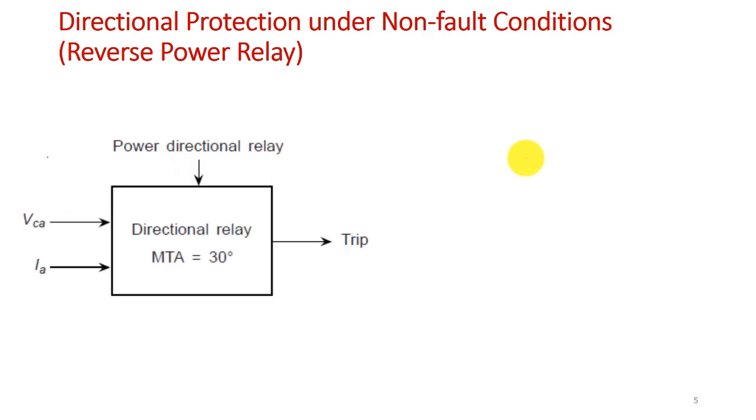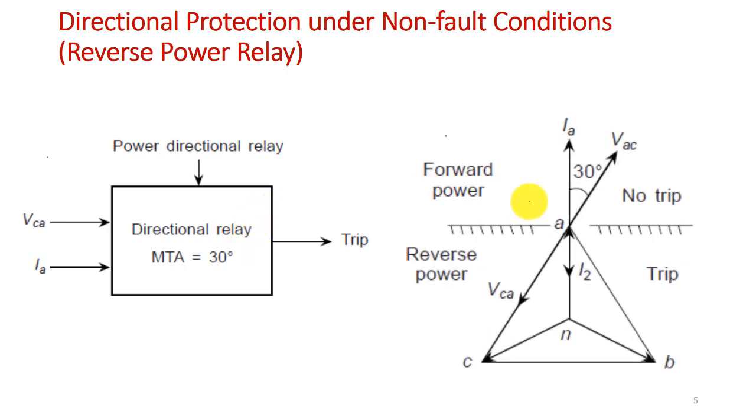So how does it work? This is the power directional relay. The constructional features and operational aspects are the same as the directional overcurrent relay. Here, let us feed VCA and IA with an MTA of 30°. How will the phasor diagram look?